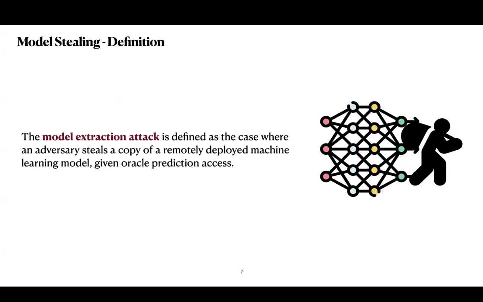Okay. So before we move on to the next question, it's proper to give the definition of model stealing. A model stealing task, or a model extraction attack, is defined as a case where the adversary steals a copy of a remotely deployed machine learning model, given prediction access to this model.